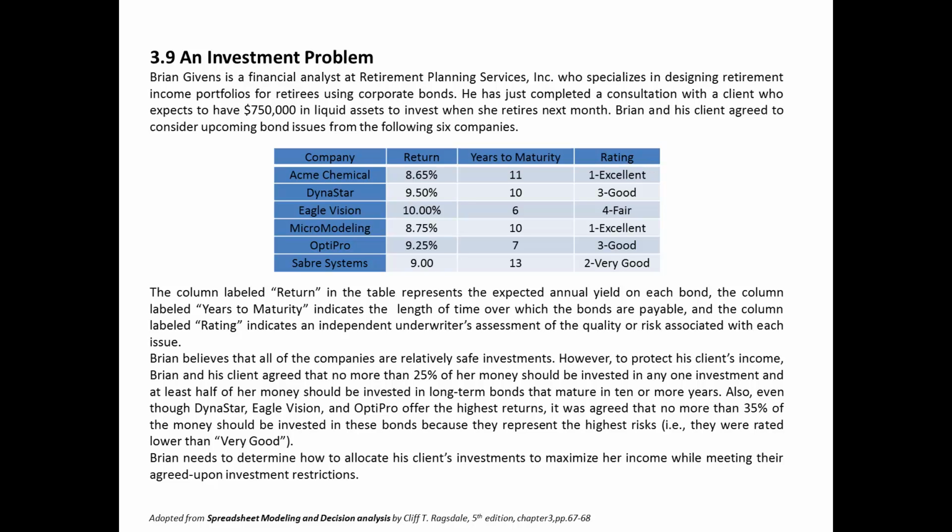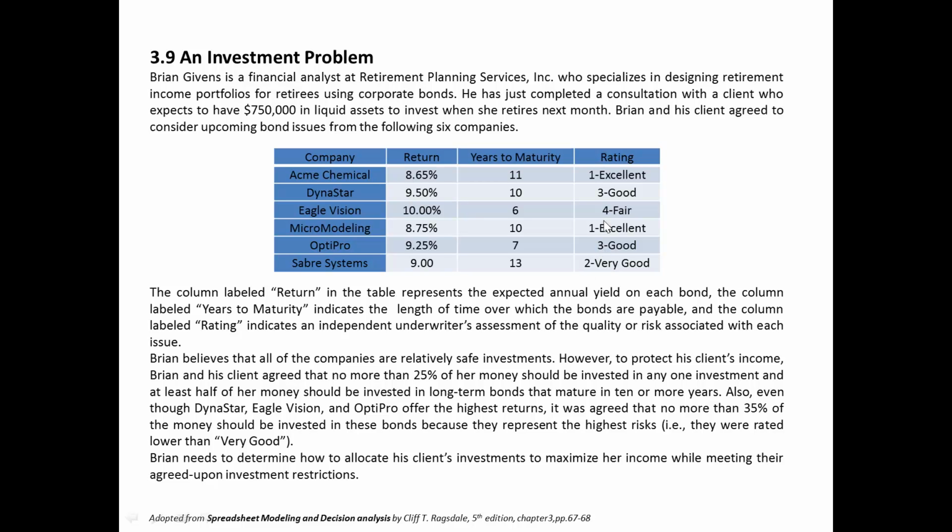So actually it means the value should be greater than 2, because 1 is excellent, very good is 2, good is 3. So that means for any of those bonds the rating is greater than or equal to 2.